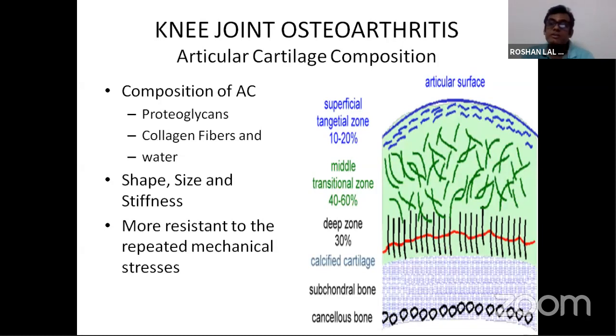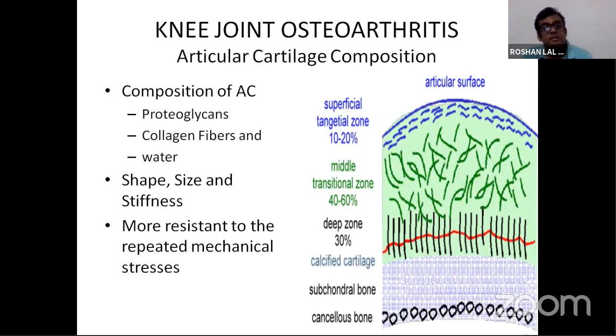Cartilage actually is a gel-like structure which is non-compressible, and articular cartilage is composed of three substances: proteoglycans, collagen fibers, and water. Water contributes up to 80% of the articular cartilage. So the major portion of the cartilage is water, and 20% is proteoglycans and collagen fibers.